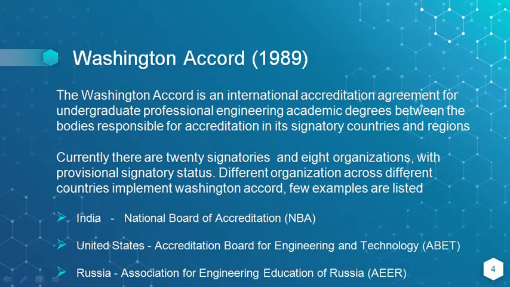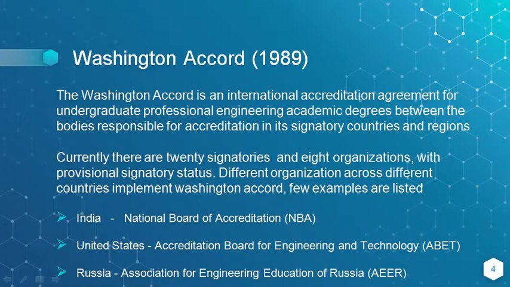The Washington Accord is basically an international accreditation agreement for UG programs, basically professional engineering programs, between different bodies responsible for accreditation in its signatory countries. For India, as a signatory country, the body we are associated with is the National Board of Accreditation.